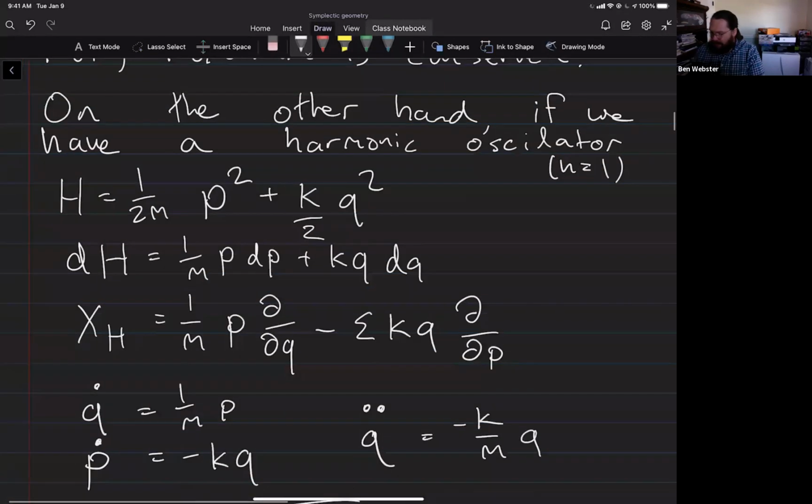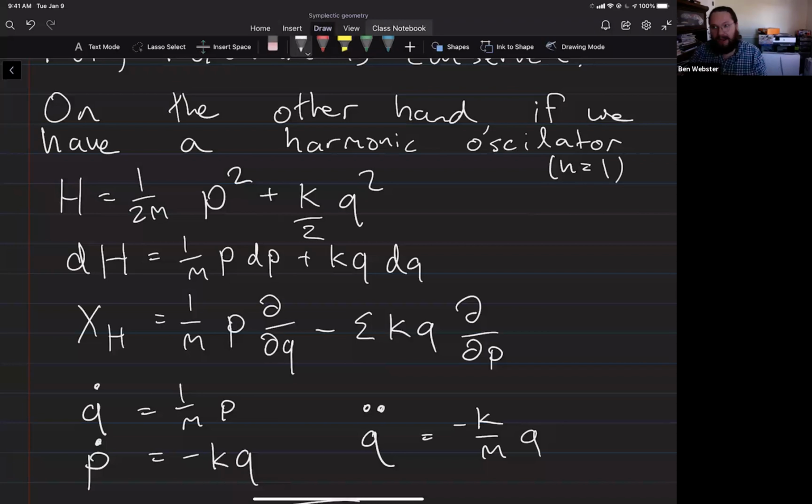I wanted to do one other tiny bit less trivial example. Still pretty easy, but a little bit more complicated. Another example to consider is the harmonic oscillator. I could do this in higher dimensions, but it would just make life more complicated than it needs to be, notationally. So I'm just doing this for a particle in one dimension. Think of this as a particle on a spring where the spring is attached to the origin.